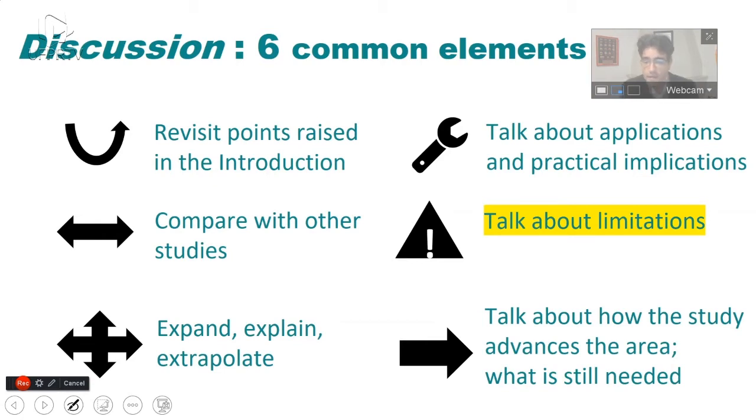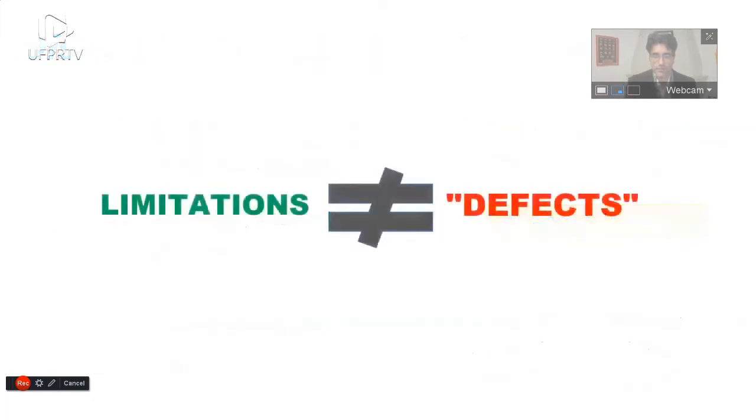And also that if they talk about limitations, they're going to be somehow detrimenting their chances of being published. And what I want to emphasize today is that actually talking about limitations in your study can serve to strengthen your research, or at least strengthen the chance that the reviewer will see your research positively. And I'll show you what I mean.